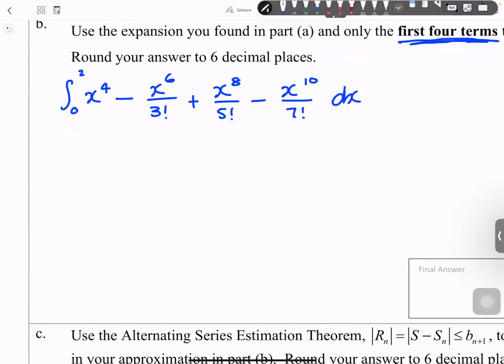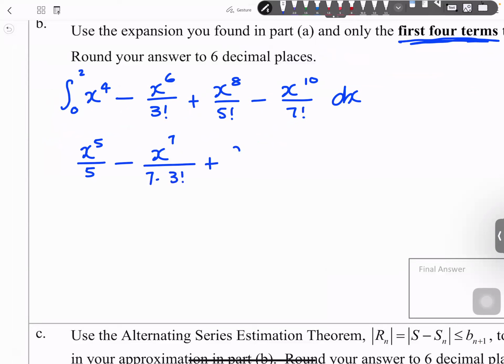When I integrate, I get x to the power 5 over 5 minus x to the power 7 over 7 times 3 factorial plus x to the power 9 over 9 times 5 factorial minus x to the power 11 over 11 times 7 factorial.